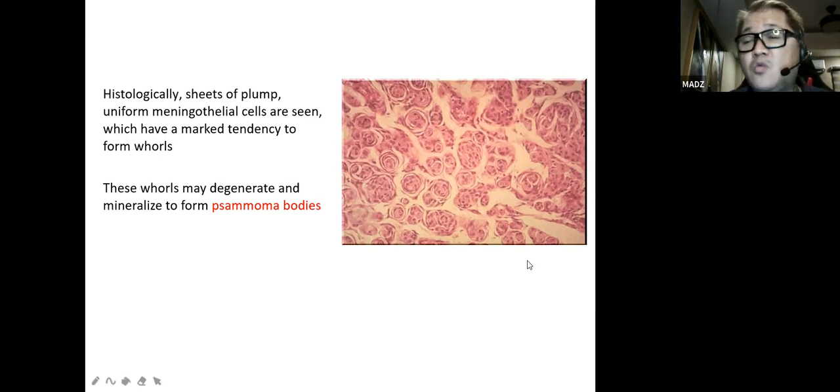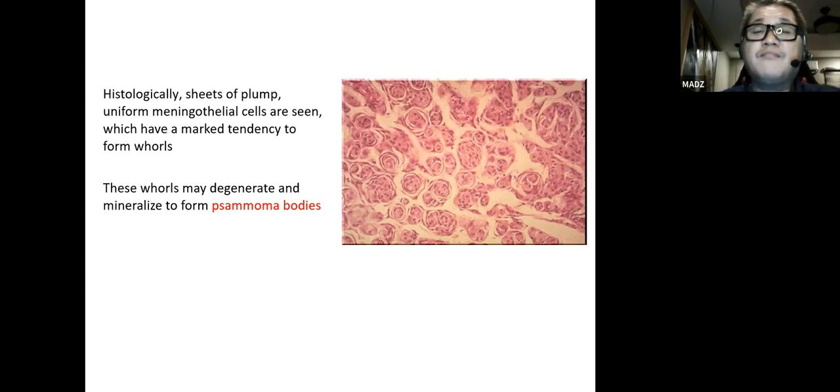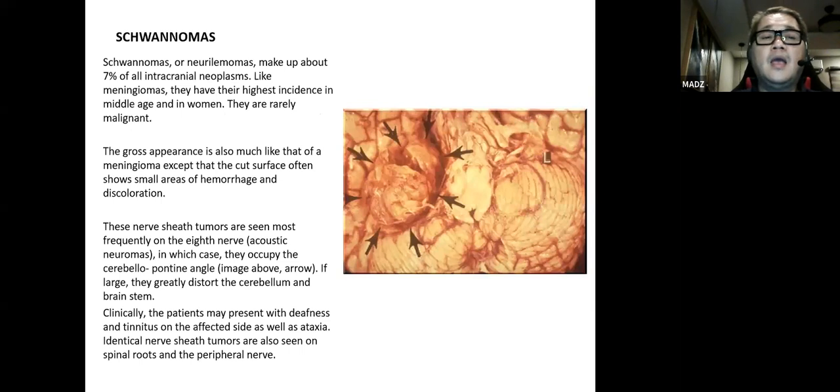That is why if you have a cranial CT scan and you see a mass with calcification, think of meningioma, okay? Because of the presence of the psammoma bodies, they become calcified. So that's why when you do the cranial CT scan, it appears as a calcified mass.